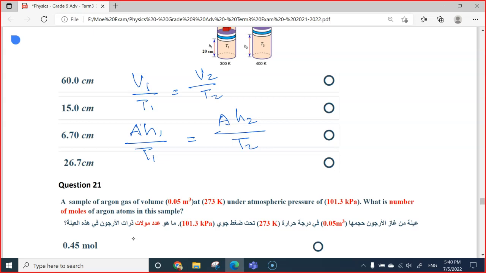So this area and area will be cancelled. So our equation becomes H2 divided by T2, means final height divided by final temperature, equal to initial height divided by initial temperature. We are asked to calculate the final height, that is H1 divided by T1 into T2.